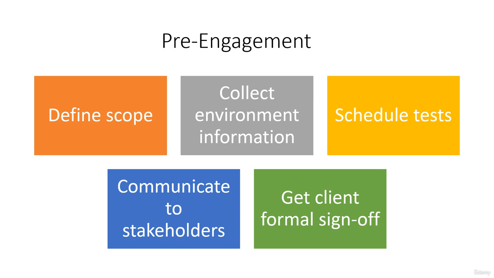The third phase is scheduling the test, which is as the name says. You schedule a date and time for the test to be performed with the client. The fourth phase is to communicate to stakeholders, which means informing other affected parties about the upcoming test.